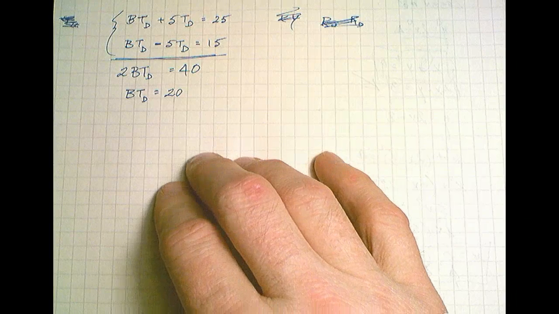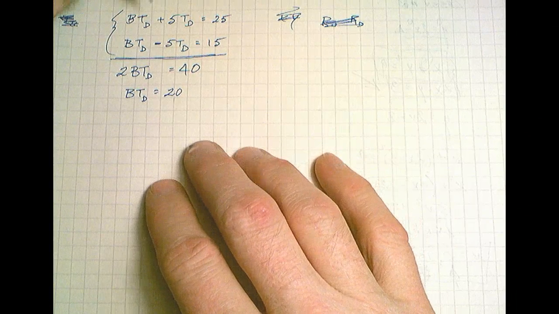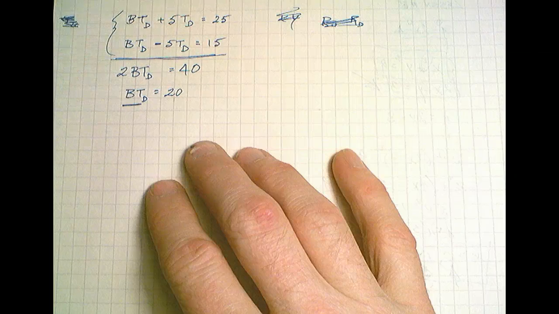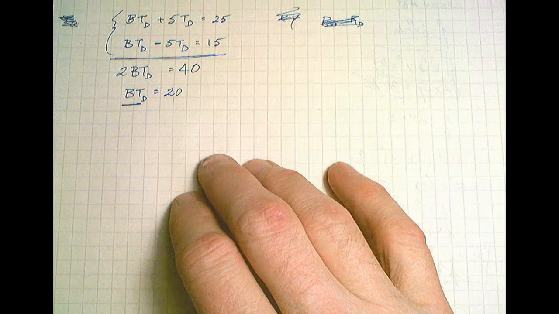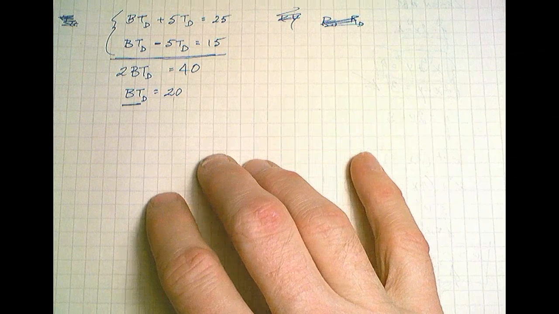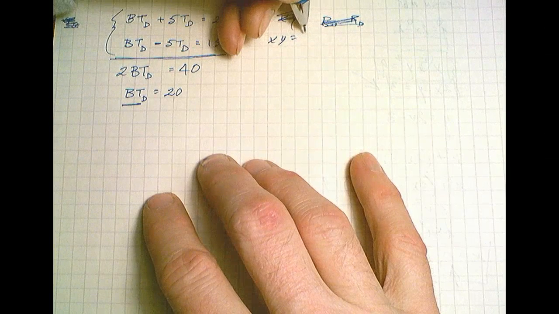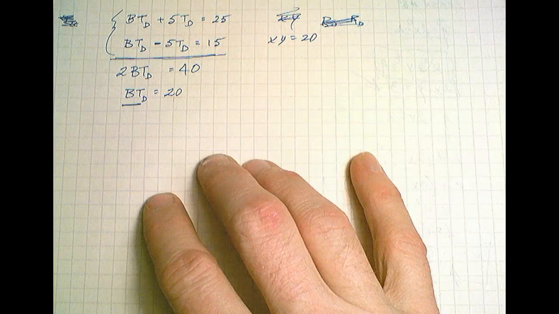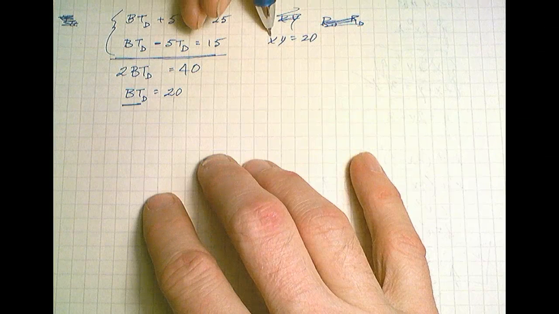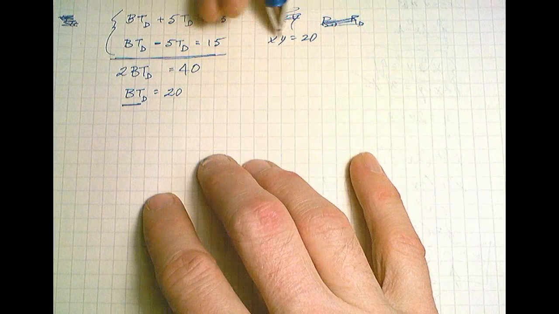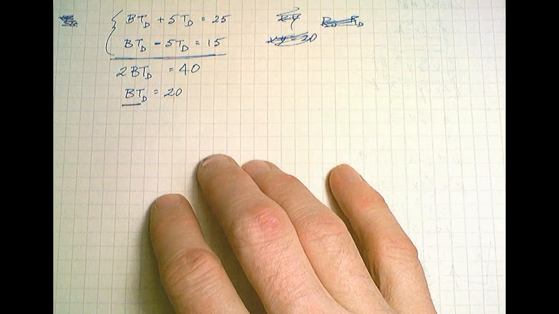Okay, all seems really nice and simple, but the problem is BT represents two different numbers, two variables. It's like saying XY equals 20. That doesn't really help you a whole lot. You want to know what X is and you want to know what Y is, not what you get when you multiply them together.